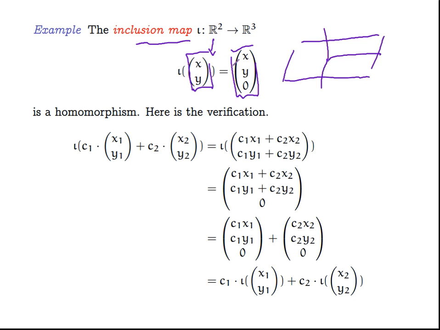Now, this is not an isomorphism because certainly I is not onto. But we do have one-to-one. And you can go through and show the homomorphism properties in this inclusion map case. I'll let you read that. I won't go through the details.